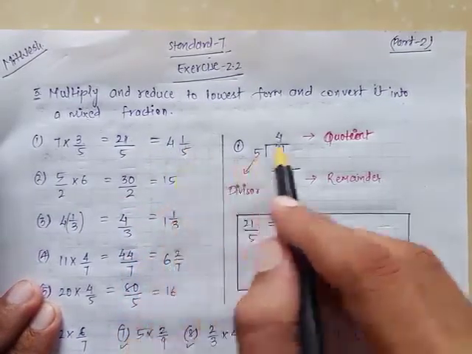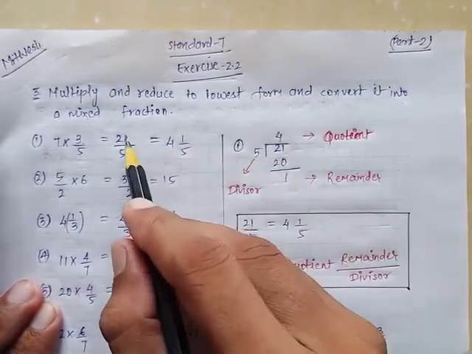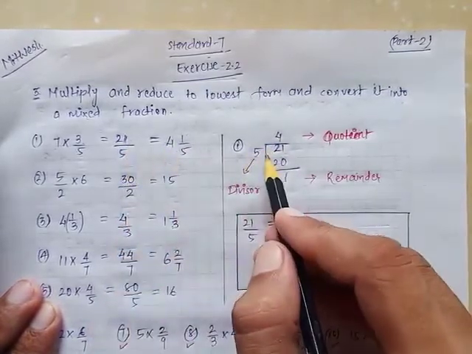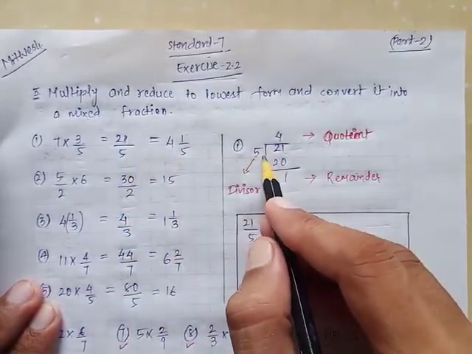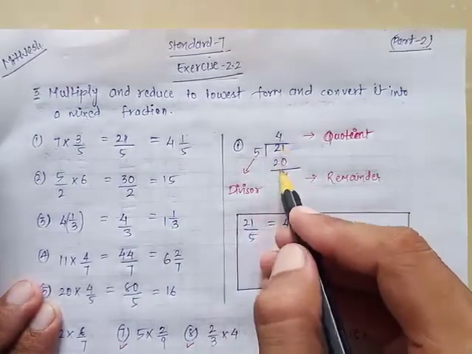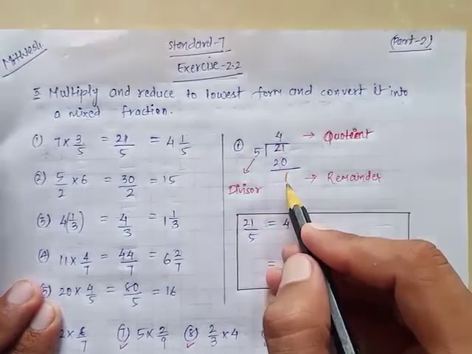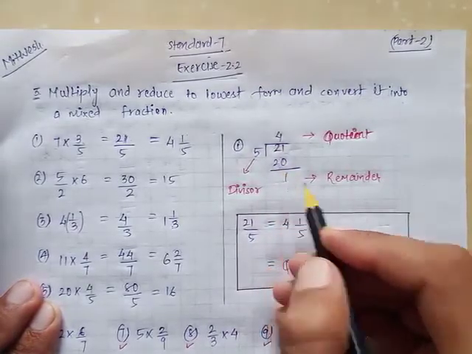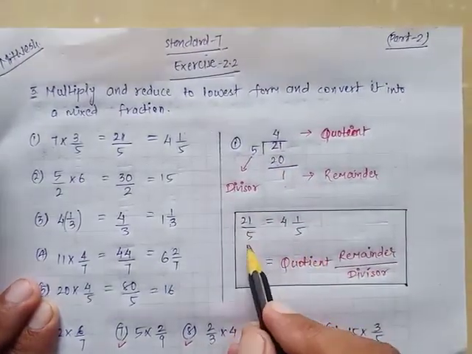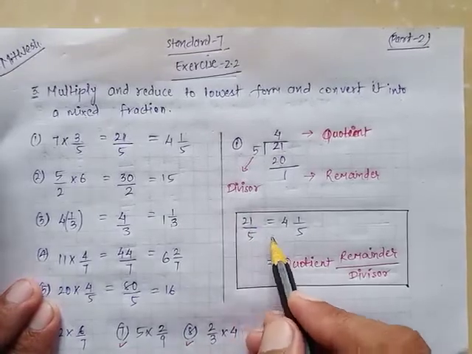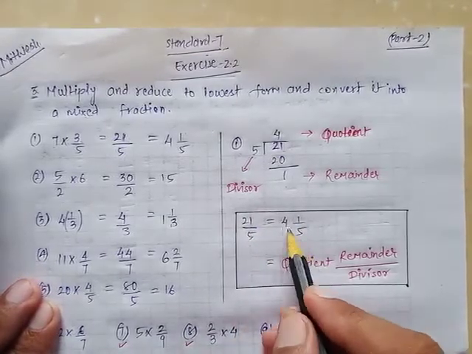How can we write this? For the first one, when we divide 21 by 5, then 5 4s are 20. It will be divided 4 times. Then we get 20 and the remainder is 1. Therefore, we can write 21 upon 5 is equal to 4 integer 1 upon 5. What is 4 here?